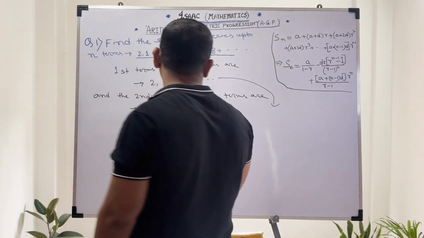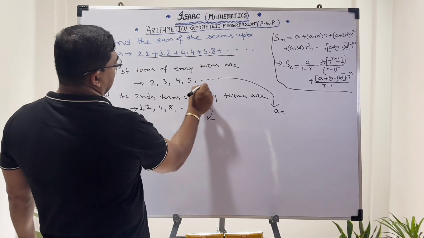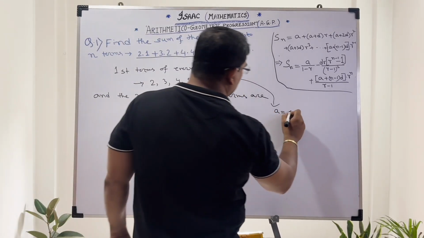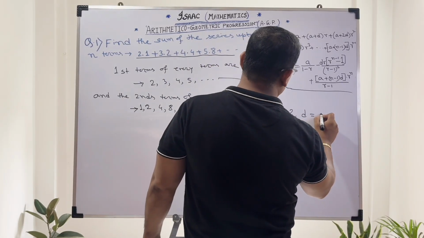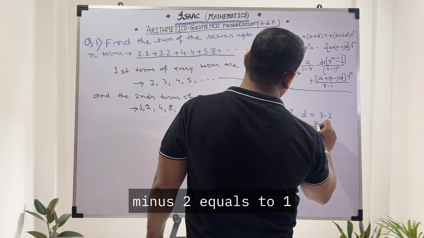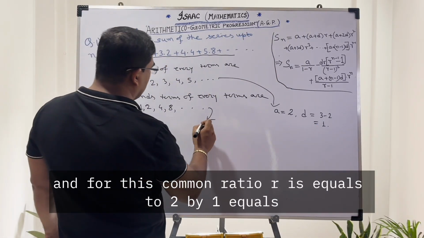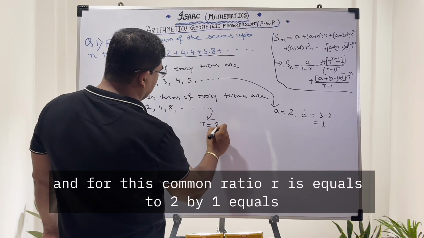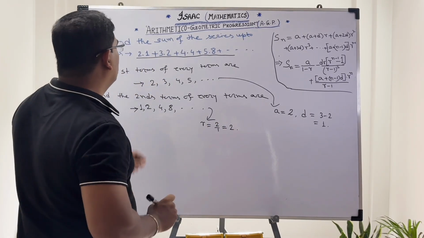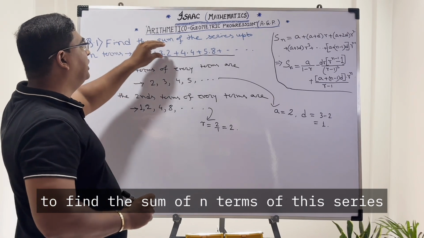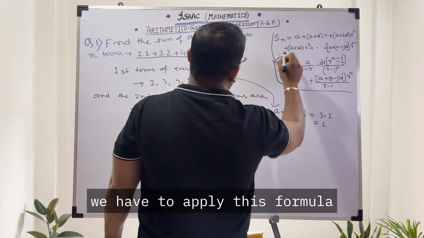Okay. So here a, that is the first term, is 2. Common difference d is 3 minus 2 equals 1. And for this, common ratio r is equal to 2 by 1 equals 2. Now, to find the sum of n terms of this series, we have to apply this formula.